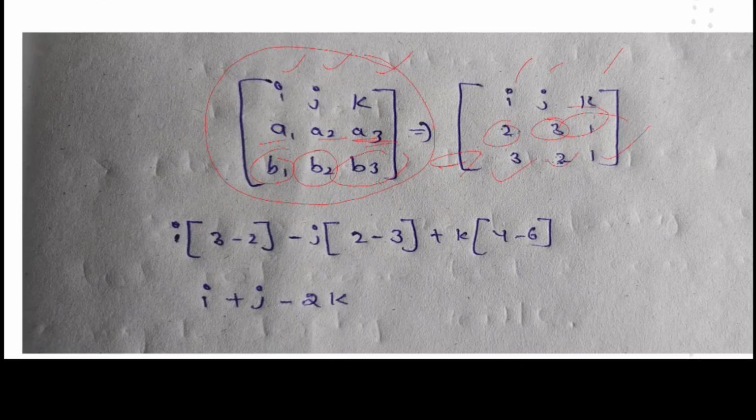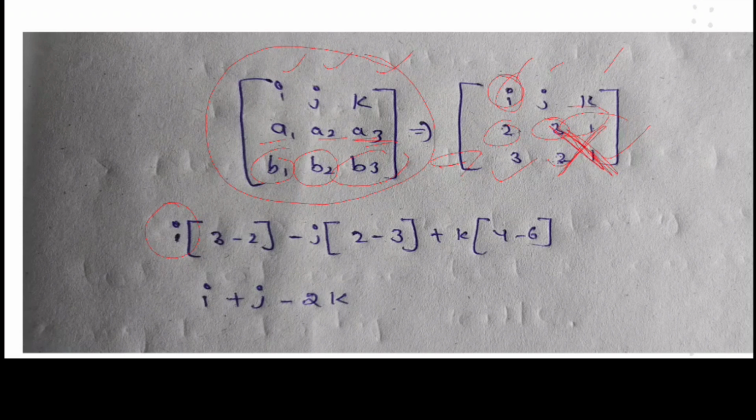Now you should find the matrix. For i, the product of a2, b3 minus b2, a3. See, for i, the product of a2, b3 means 3 ones are 3 minus 2 ones are 2. This is the value. And for j, you should take minus j.